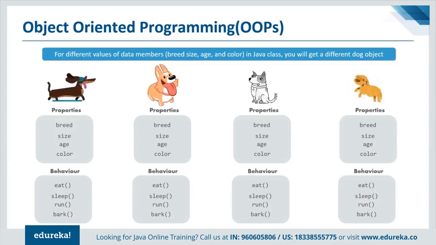In the same way, the sleep pattern would be different for different people, right? So different objects will have the same properties, but with different values. I can say an object is a container which contains both properties and behavior.